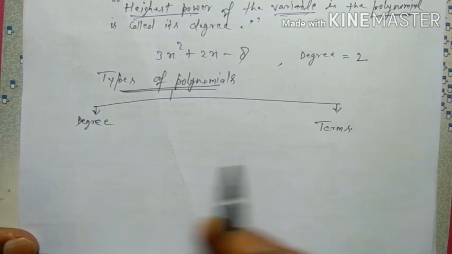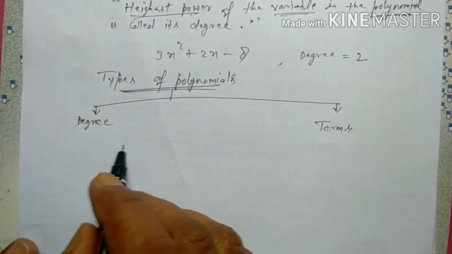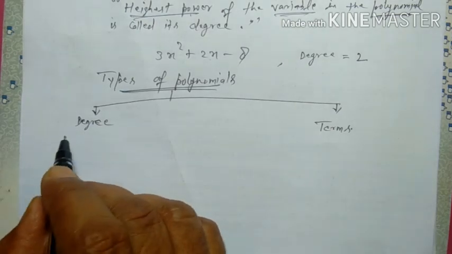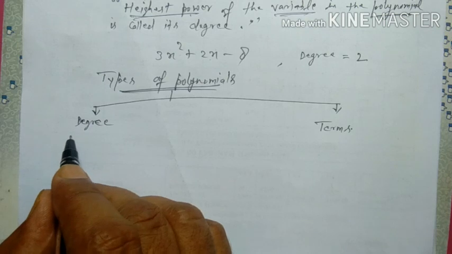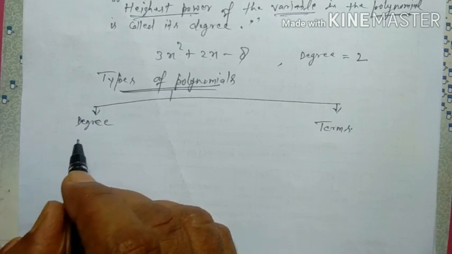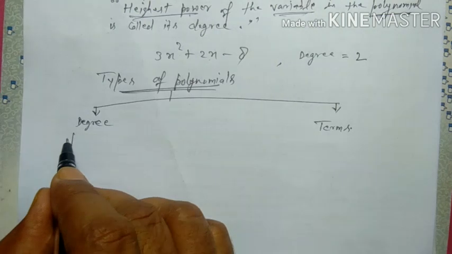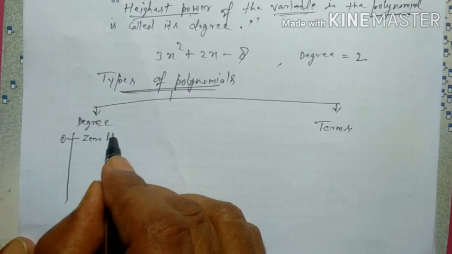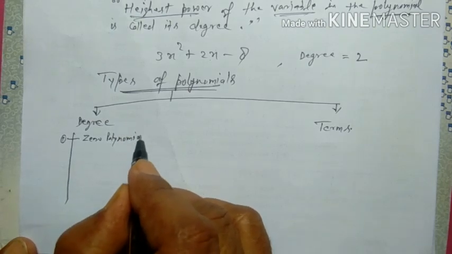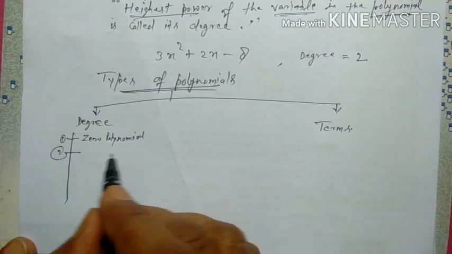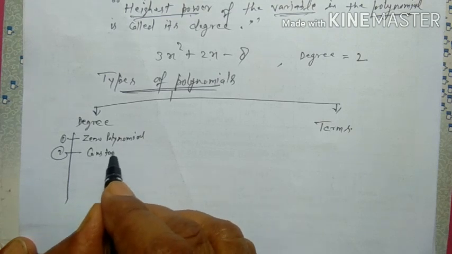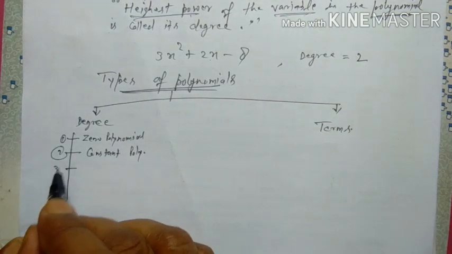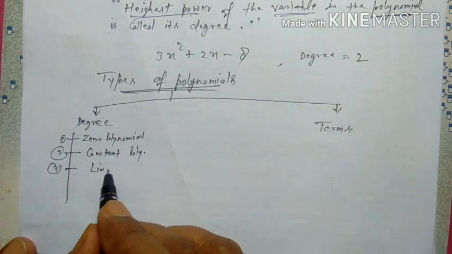When the degree is not defined, then this is known as a zero polynomial. Second, constant polynomial. Third, linear polynomial.